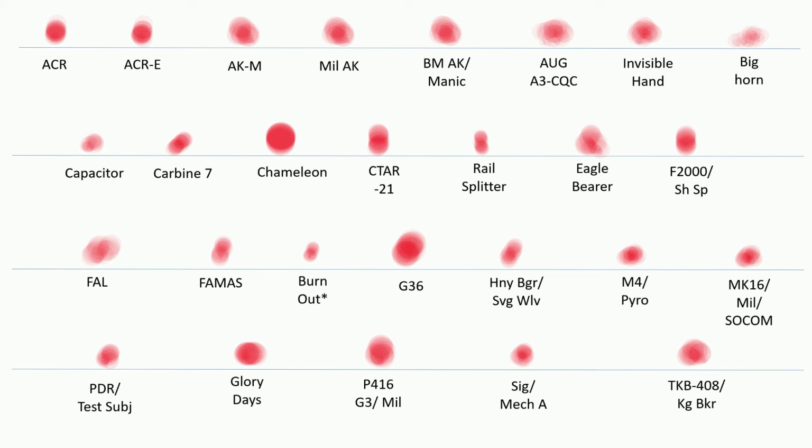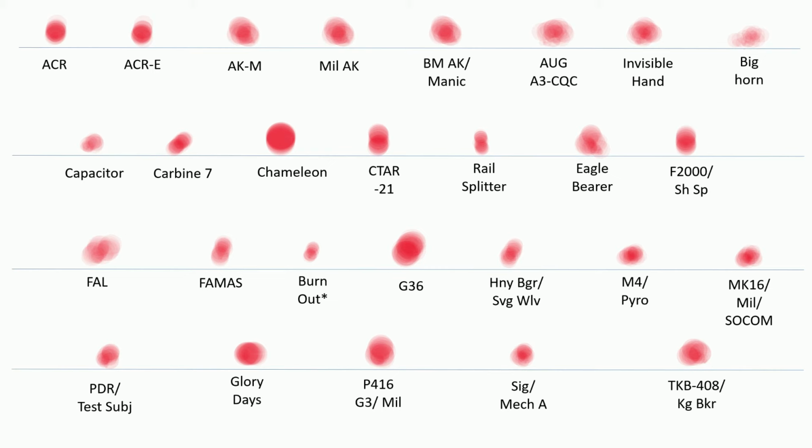The biggest difference between the named weapon and the non-named equivalent, outside of specified talents, was the difference between the AUG and the Invisible Hand. Both of them have exactly the same weapon path. Both of them have exactly the same accuracy and stability.